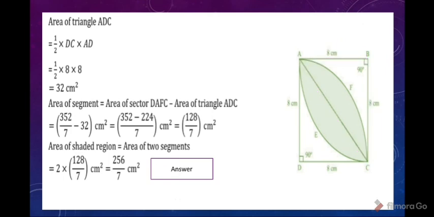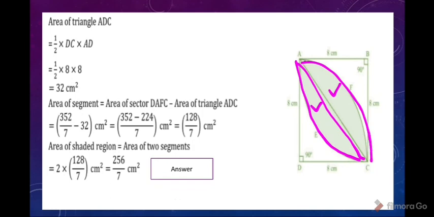So you can say that this portion and this portion are equal in area. So if one is 128 by 7 centimeter, the area of whole shaded region will be 2 into 128 by 7, that is 256 by 7 centimeter square. Okay, in this way we have to solve question number 16.